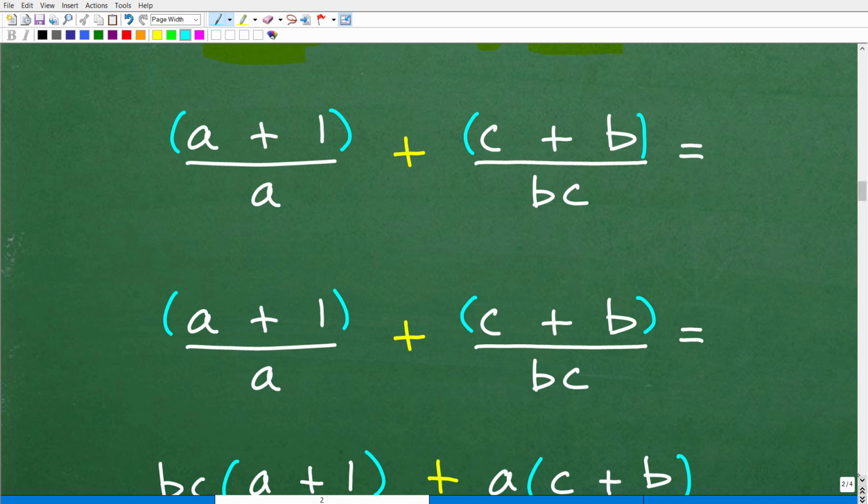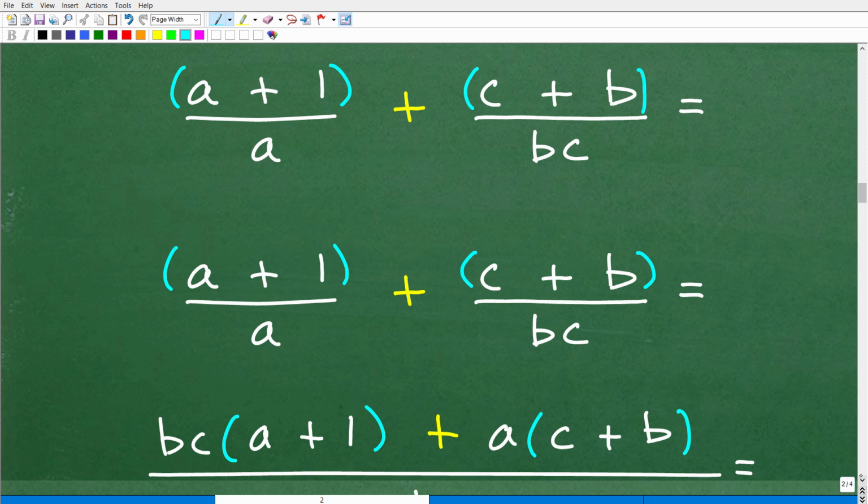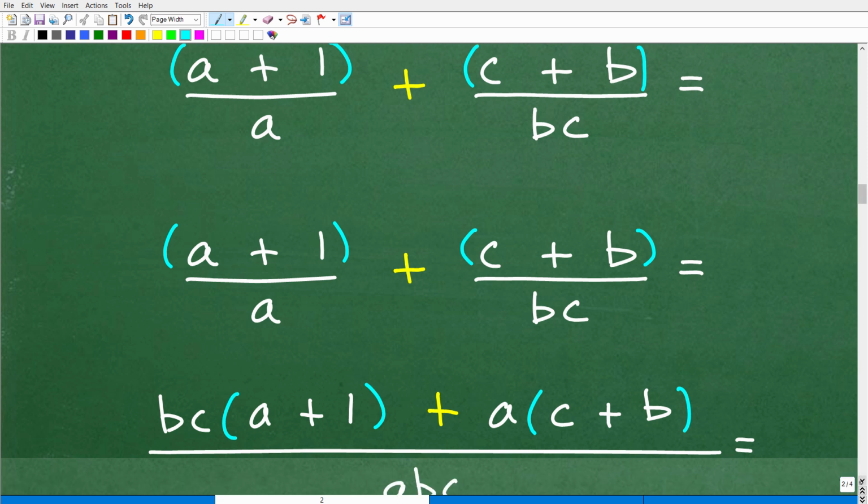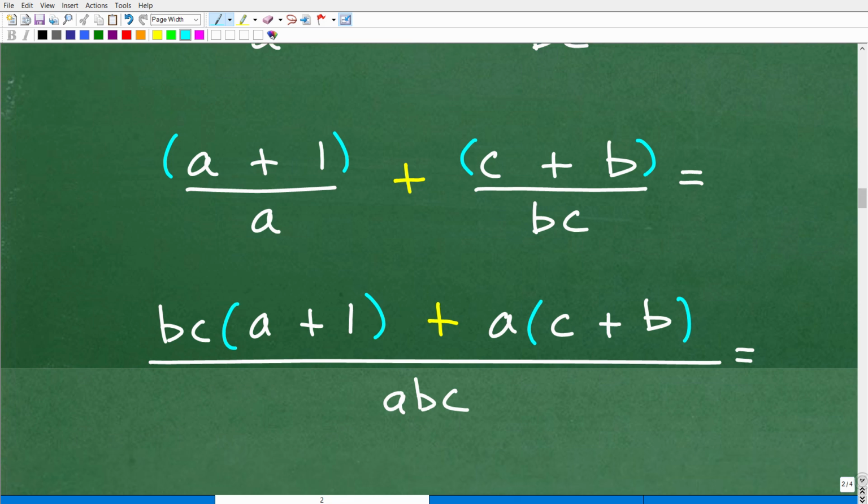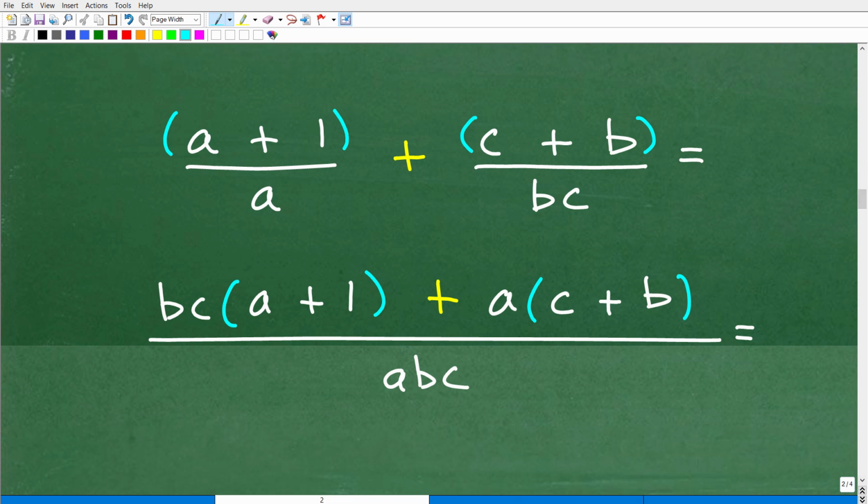You're going to see why this becomes very important, because we're going to add these two fractions right now using the bow tie technique. So remember, I start from the bottom right and I multiply this way. So this will be bc times (a plus 1). If I didn't have these parentheses here, a lot of students can get this wrong.